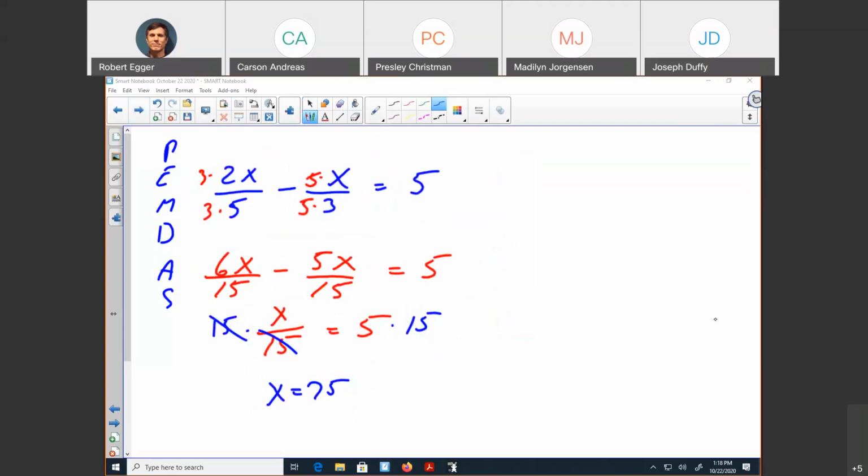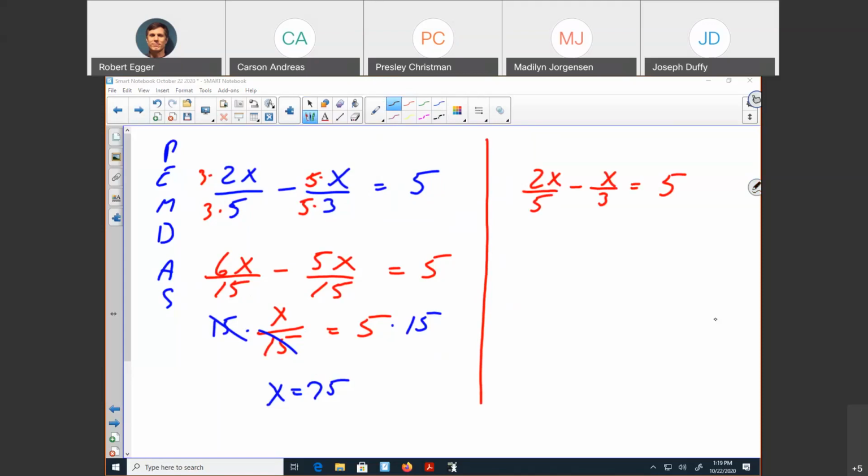Another way I kind of call sweeping the denominators. Sweeping the denominator. Let's totally get rid of the denominators.